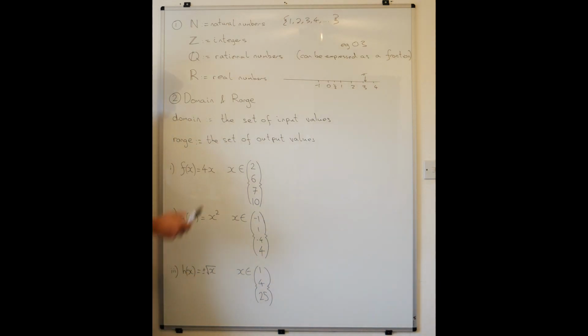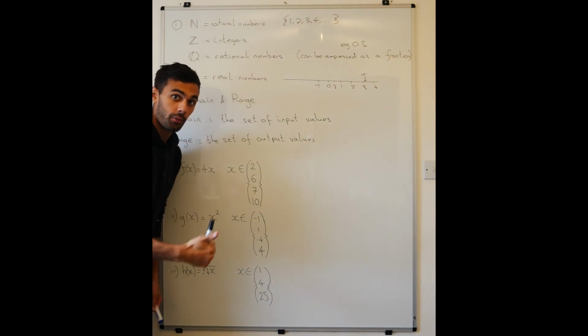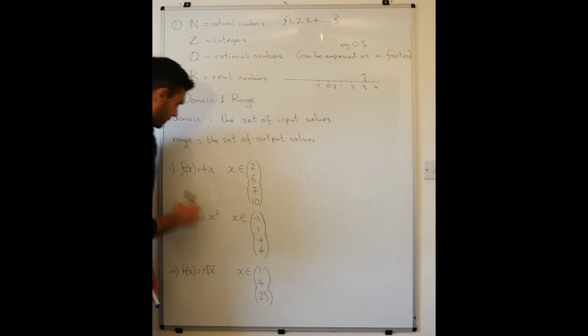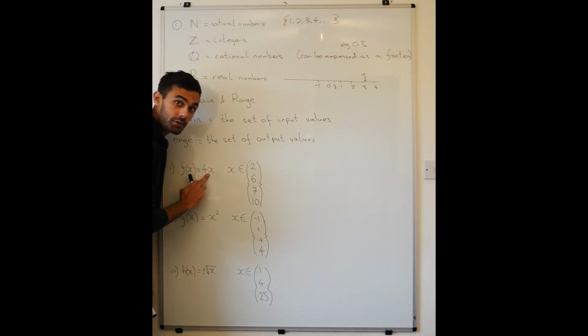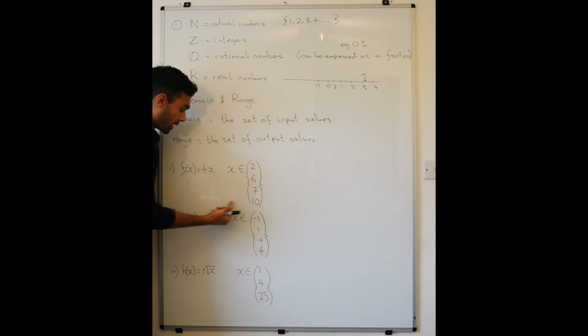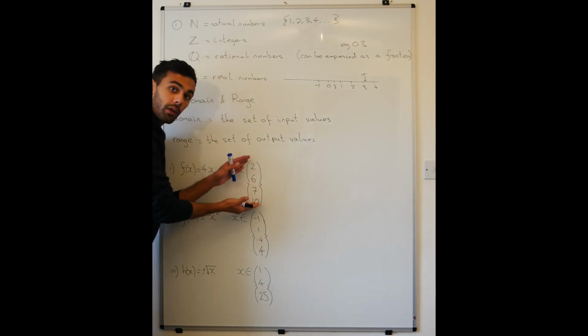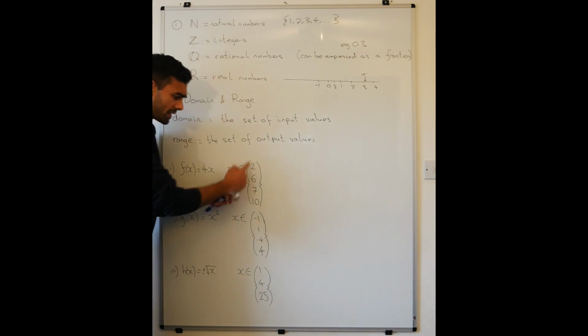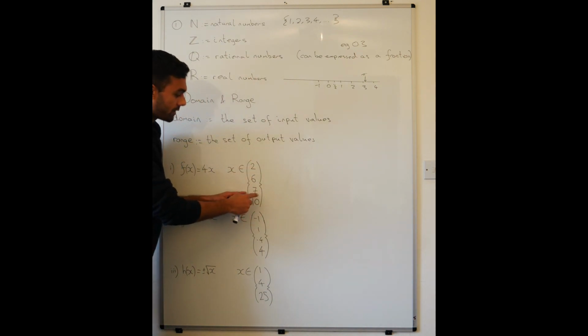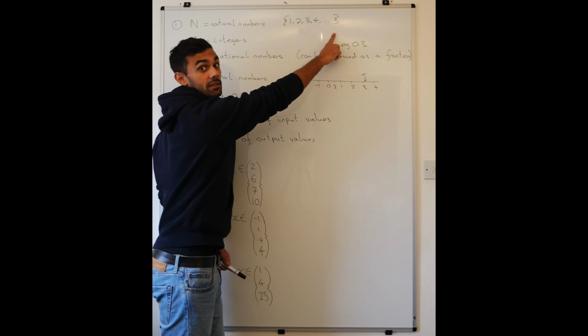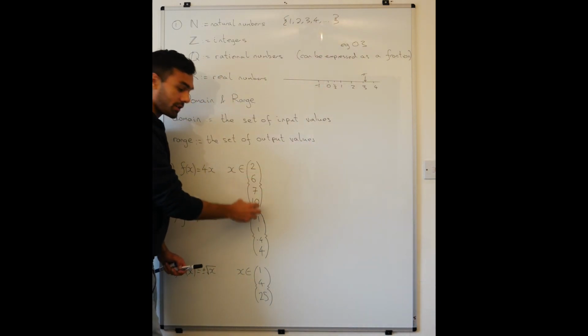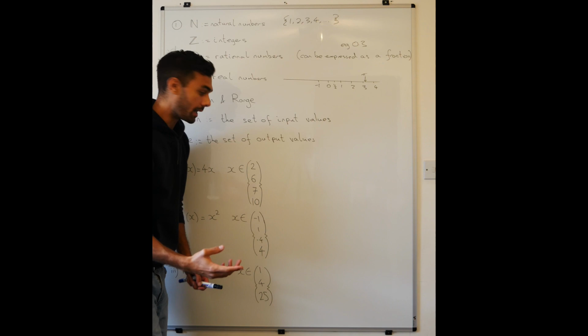Cool. Right. For each of these mappings, we're going to work out the domain and the range. Firstly, we're looking at f of x. The mapping is 4x. We need the domain. That's the numbers that we're going to put into the function for x. It's given here. This is the domain: 2, 6, 7 and 10. It's a group of numbers. This is a set, by the way, and usually sets aren't written like this. They'd be written up here in a list, but I've written it in this strange arrangement because it will help me explain something later.